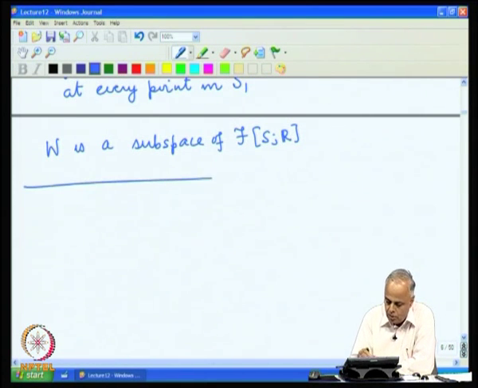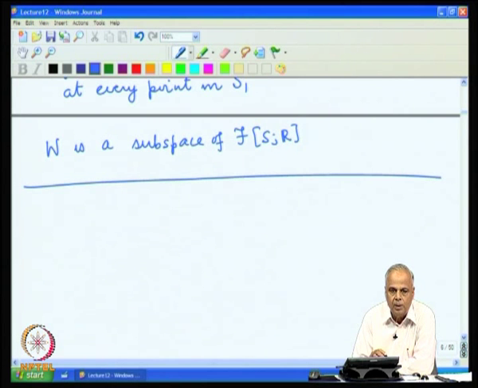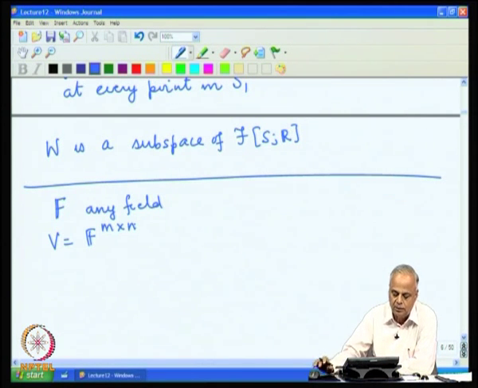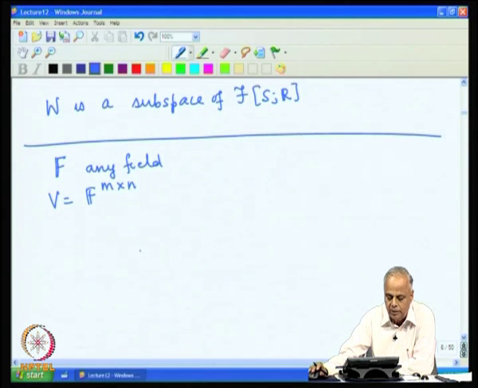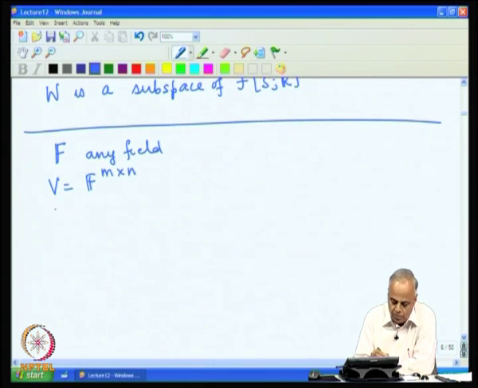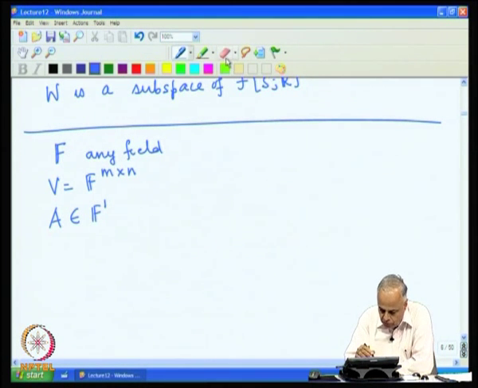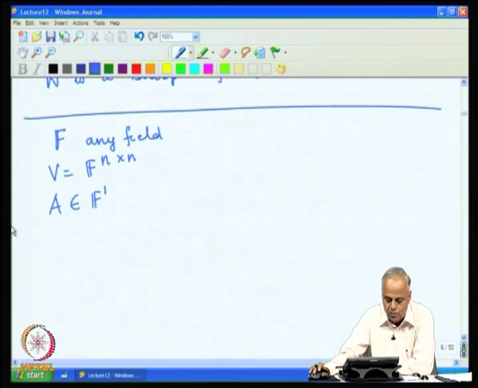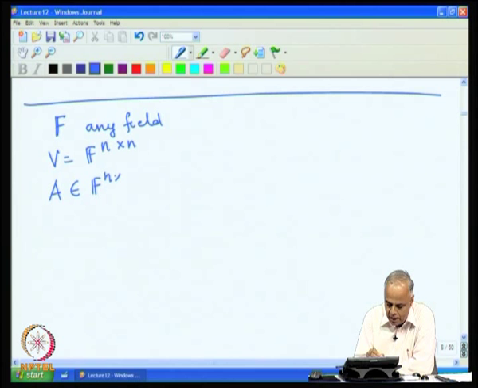We shall look at one more example now from the context of matrices. So, let us take F any field and let us take the vector space V to be the collection of all m by n matrices. F m cross n means the collection of all matrices over F. Now, suppose A belongs to this vector space. To make things easier, let us take all square matrices, the collection of all square matrices of size n by n.